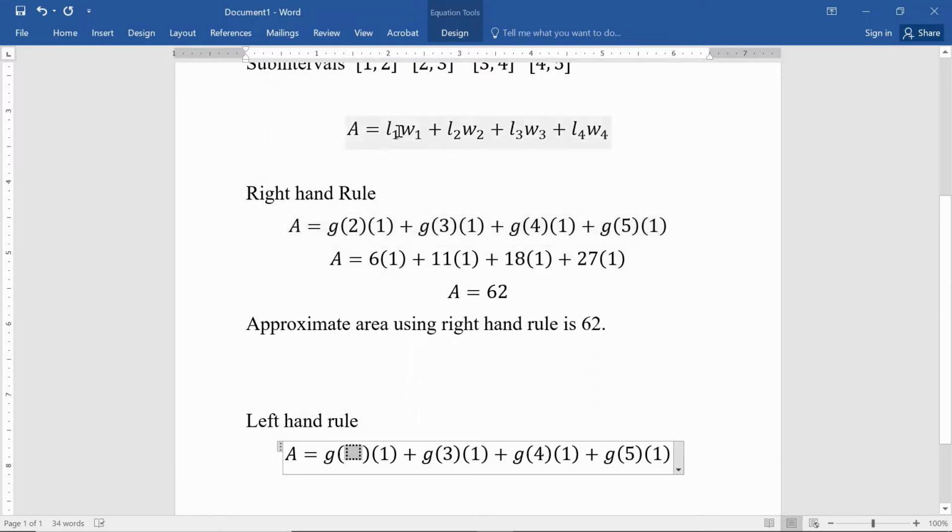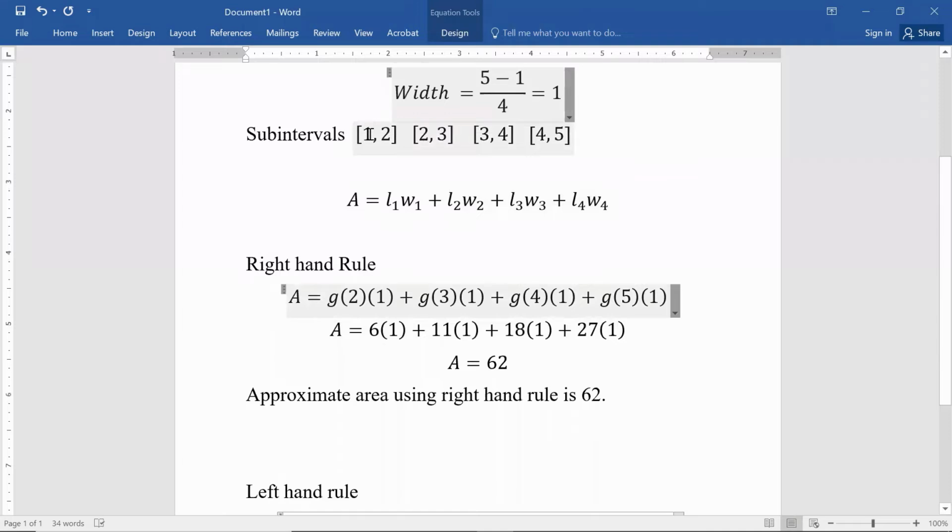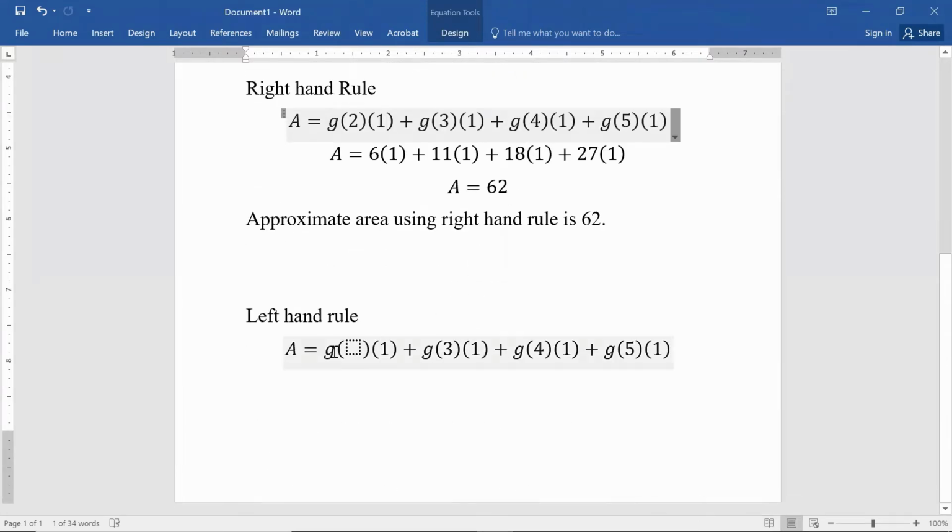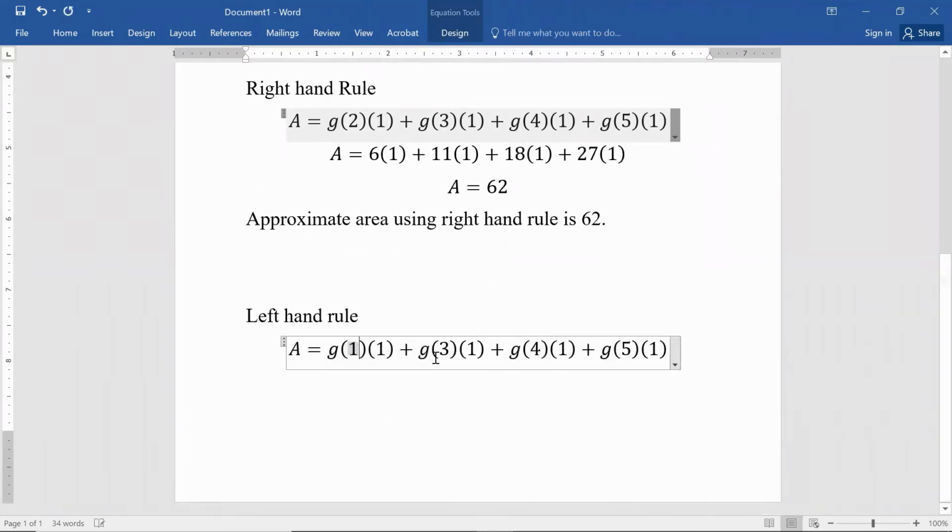And into our second rectangle, I'm going to input 2. The height of the third rectangle is going to be determined by g of 3. The height of our fourth rectangle is going to be determined by g of 4. So we input 1 for our first rectangle, 2 for our second, 3 for our third, and 4 for our fourth.